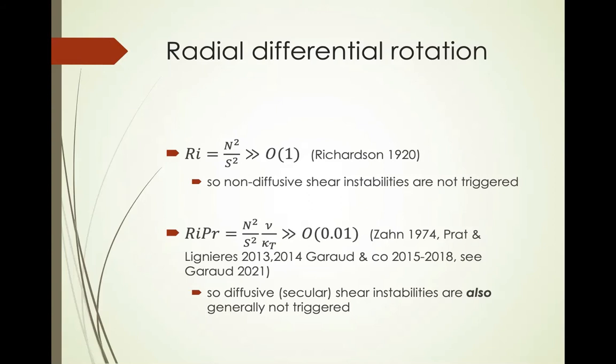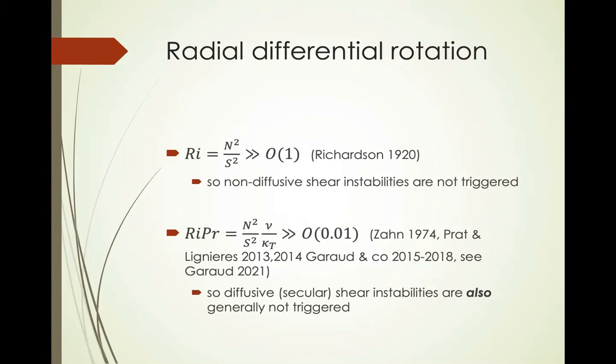Now, note that Richardson's argument is a non-diffusive argument. So it assumes that the turbulence would be adiabatic. Now, in 1974, in another seminal paper, Jean-Paul Zahn argued that shear instabilities can develop thanks to thermal diffusion. And in that case, the criterion for shear instability, or now so-called secular shear instabilities, must be revised.